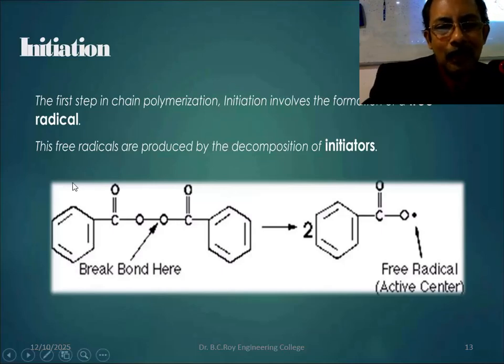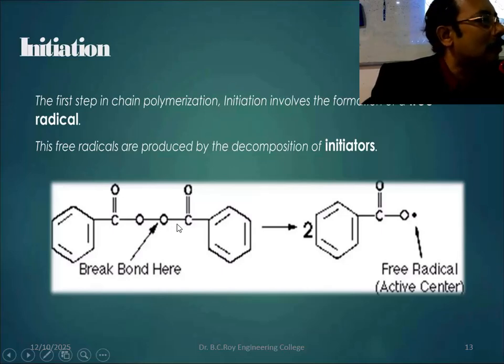You have an OO peroxo linkage, and whenever a peroxo linkage is there, it becomes very delicate. This bond breaks quite easily, because lone pair and bond pair repulsion makes it very vulnerable to attack.